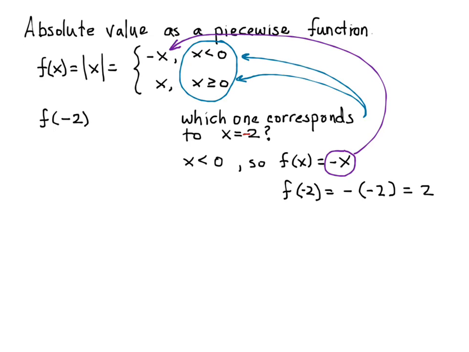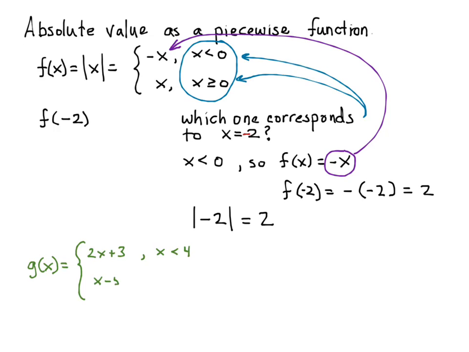It's simply the way that we partition up a domain and make an algebraic definition. So there's no description beyond this that's necessary. Okay, so we know the absolute value of negative 2 is 2, and that's what this whole exercise shows us.